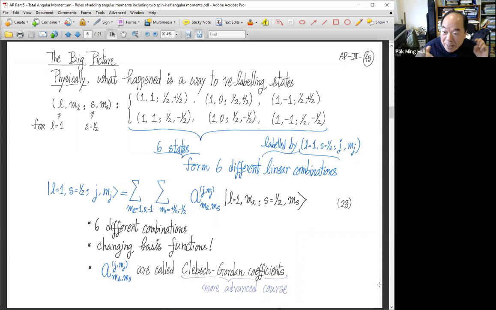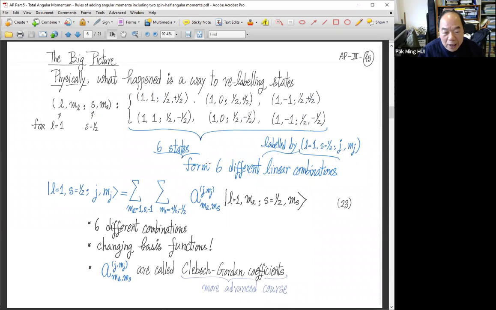So the big picture, here I give you the big picture, but you don't need to know the mathematical detail. The big picture is as follows. For the P states, I have 6 states. The old labeling will be P state, L equals 1, spin half, and then I have these 6 states.